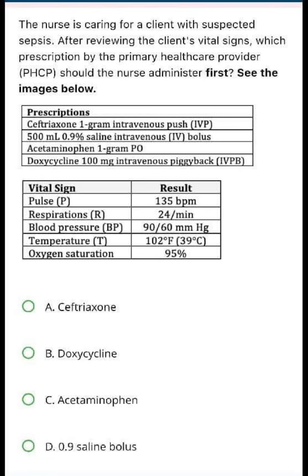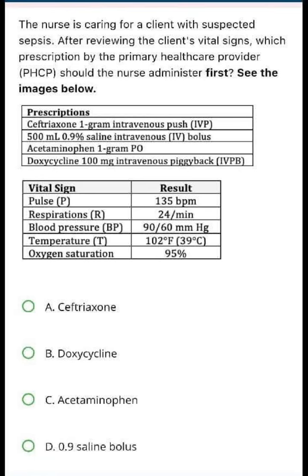So, how do we manage him? The first line of treatment is to give IV fluid. Now, let's think about it. As part of fever management, you give fluid, oral fluid or IV fluid, to help reduce body temperature.